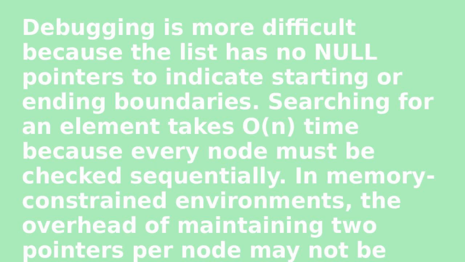Debugging is more difficult because the list has no null pointers to indicate starting or ending boundaries. Searching for an element takes O(n) time because every node must be checked sequentially. In memory-constrained environments, the overhead of maintaining 2 pointers per node may not be ideal.